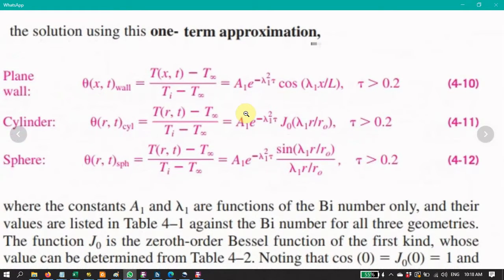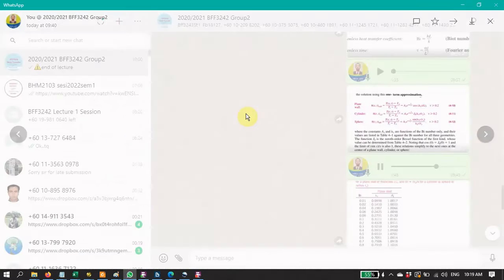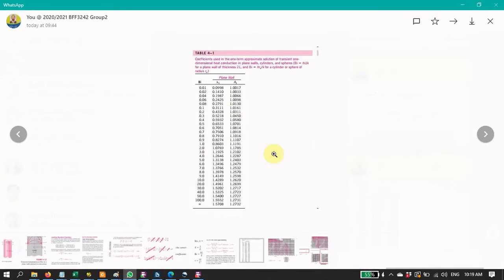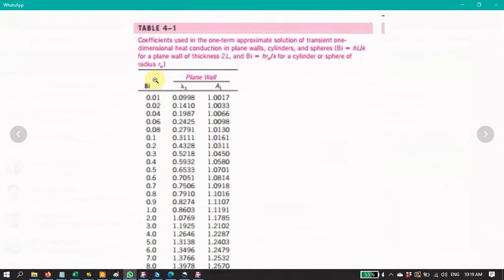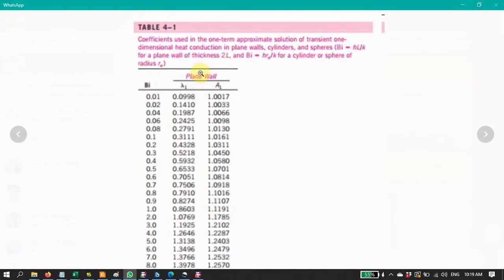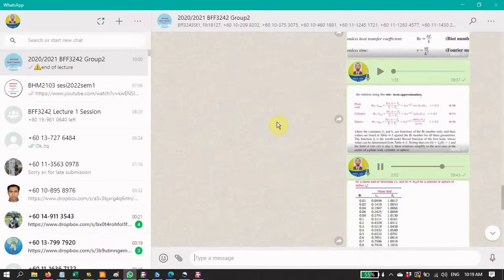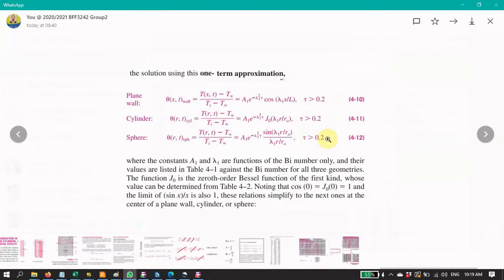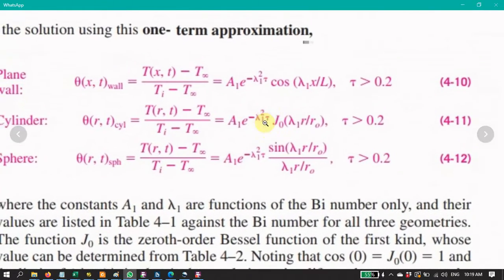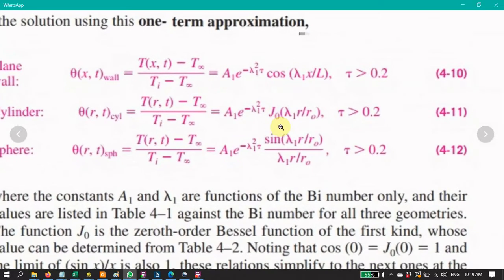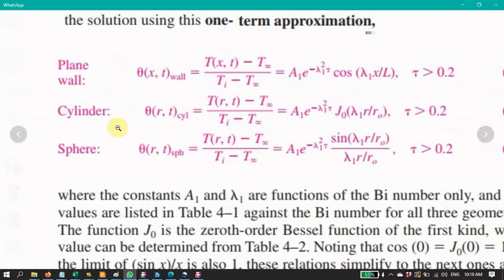This constant is a function of the Biot number only. These values, the A1 values and lambda 1 values, depend on the Biot number as well as the geometry. And then another function here is the zeroth-order Bessel function, and it is used for cylinders, right?